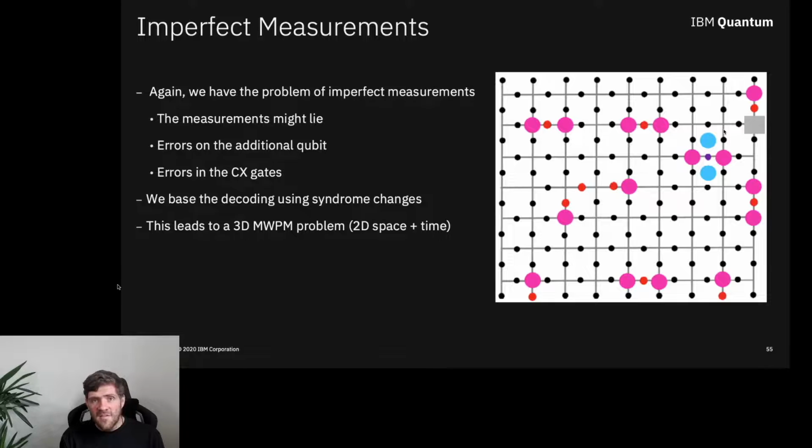And the way we do it is just in the same way as the repetition code. We use syndrome changes over time as our hints of errors. That tells us both about errors that actually occur on the code qubits, but also about these sort of imperfect measurements. And then we just extend our minimum weight perfect matching to 3 dimensions, and there we go, job done.